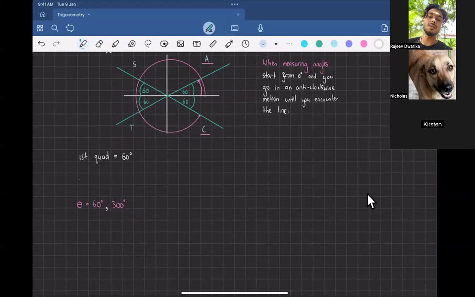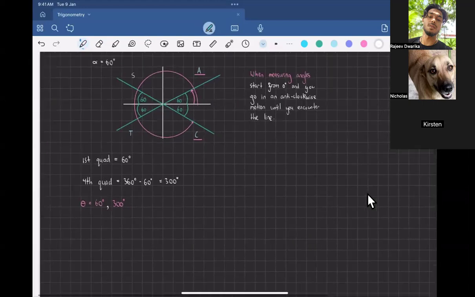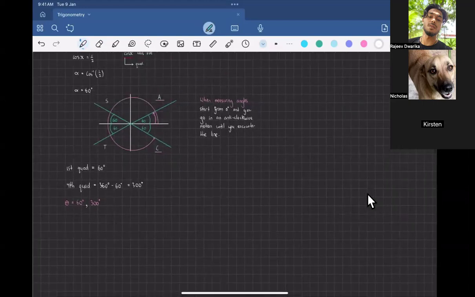The answer in the fourth quadrant would have been 360 degrees minus 60 degrees, which is equal to 300 degrees. So your two answers are 60 and 300.